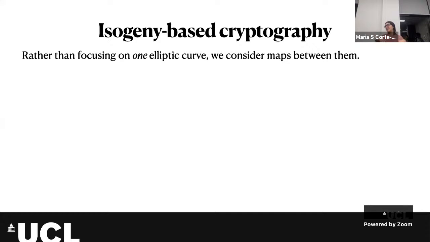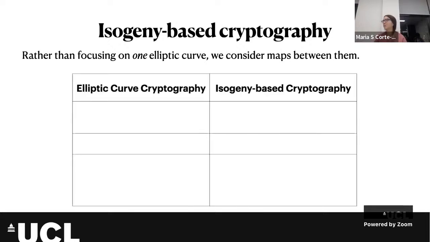Okay, so I've now given a high level overview of isogenies and SQIsign. So let's go into more details about what this actually is. In isogeny-based cryptography, rather than focusing on one elliptic curve, as we did in ECC, we now consider maps between them. So I'm going to explain this by comparing isogeny-based cryptography to elliptic curve cryptography, because people are more familiar with elliptic curve cryptography, and there are actually quite a lot of similarities between them.